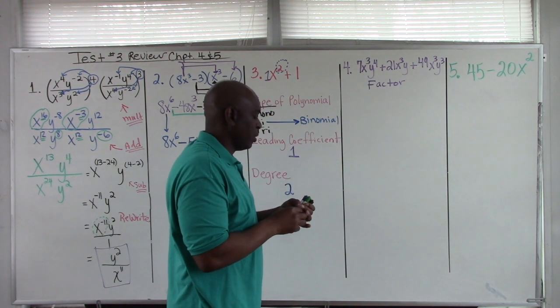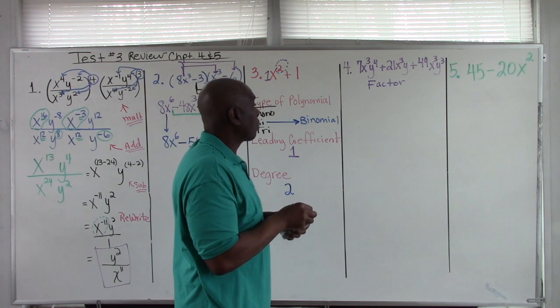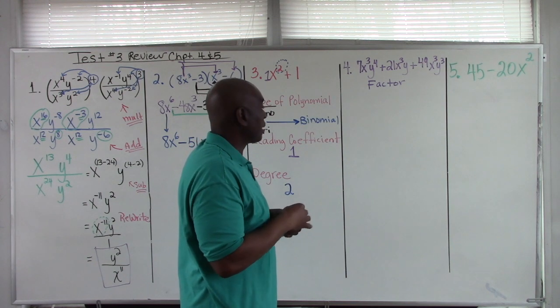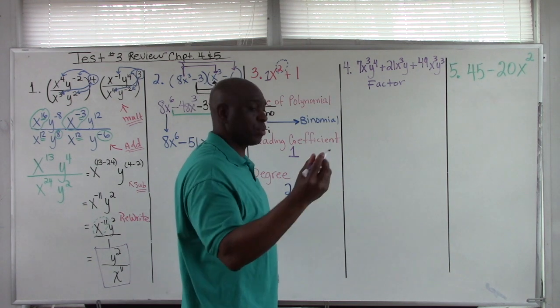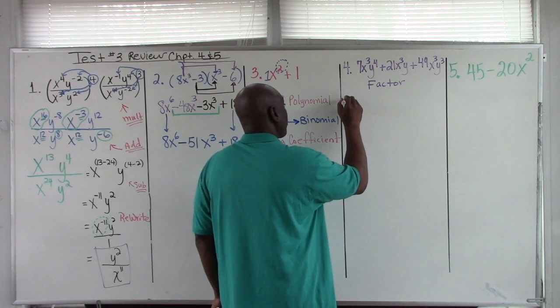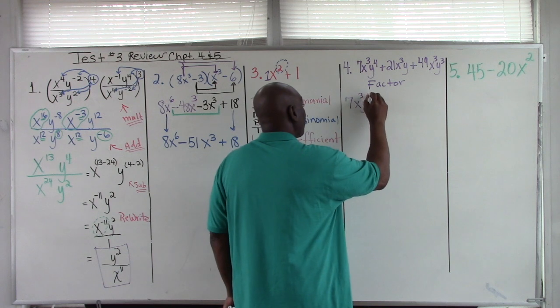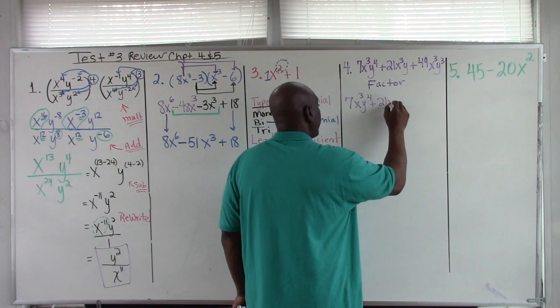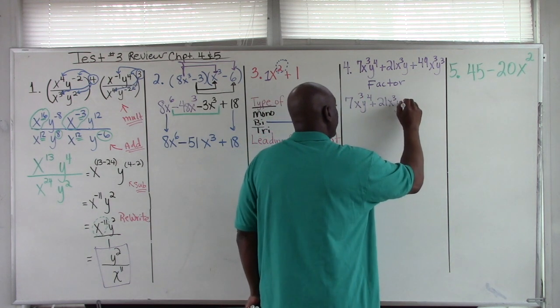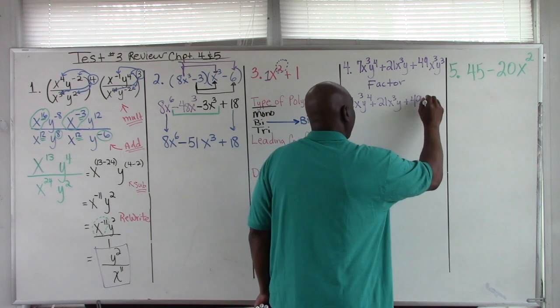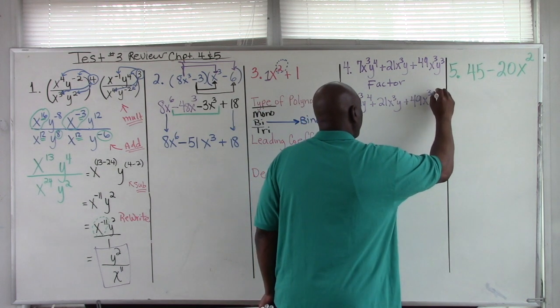So to start a problem like this, here's what we're going to do. I'm going to rewrite it very quickly: 7x cubed y to the 4th plus 21x cubed y plus 49x cubed y cubed.